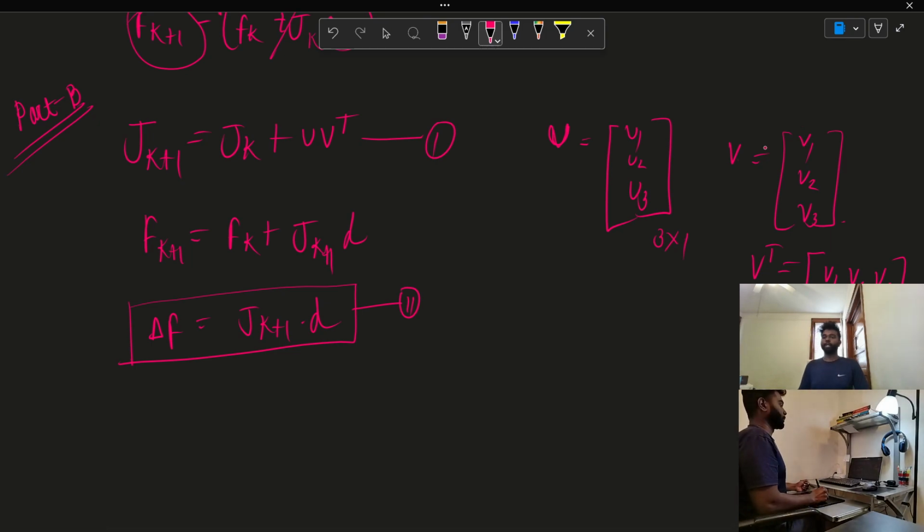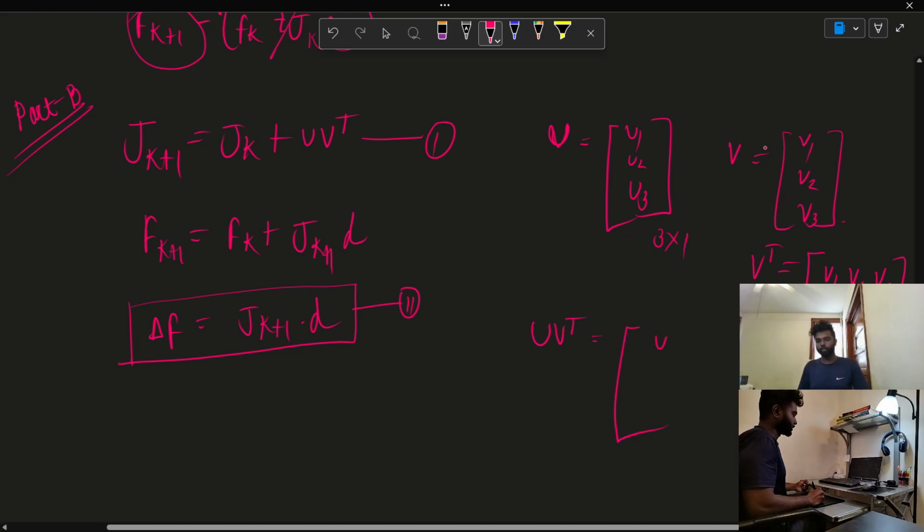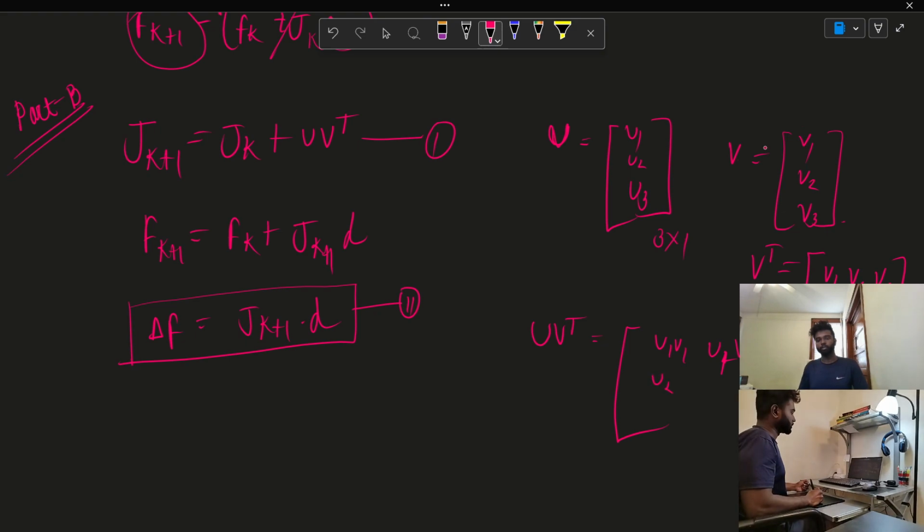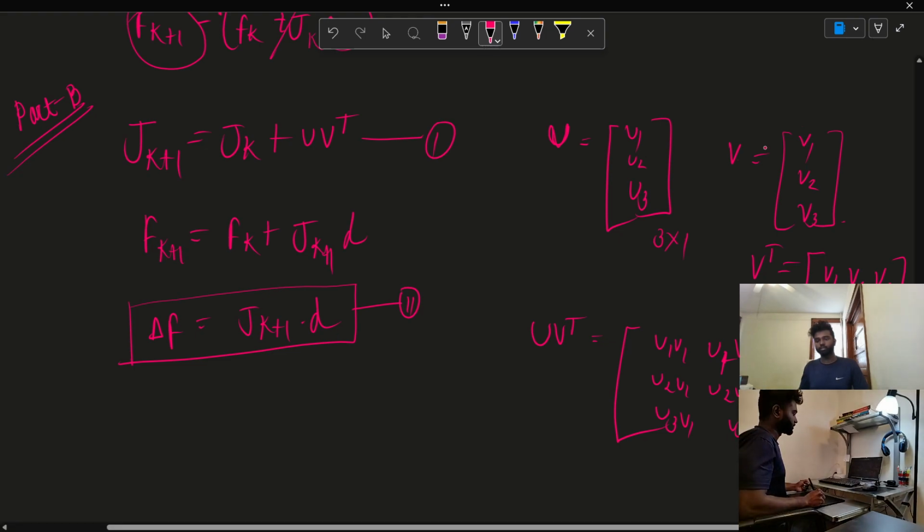If you do matrix multiplication of u and v transpose, you will get a 3 cross 3 matrix: u1 v1, u1 v2, u1 v3, similarly u2 v1, u2 v2, u2 v3, and u3 v1, u3 v2 and u3 v3. So we've got a 3 by 3 matrix over here.